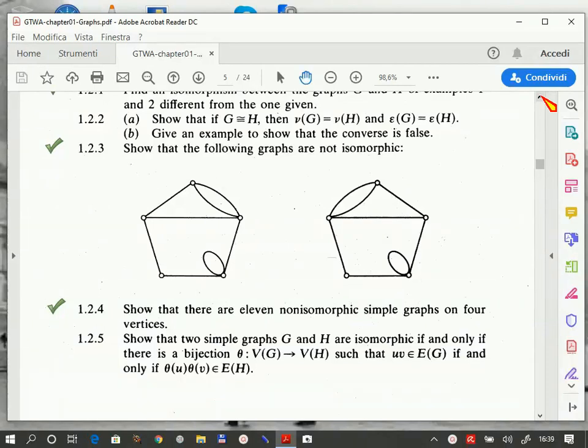And so, in principle, you should try all 5 factorial bijections, vertices on the left with vertices on the right, and all 8 factorial bijections, edges on the left, edges on the right. But is it really 8 factorial, or is there on the left a particular edge which has to go to a particular edge on the right if we want to preserve incidence?